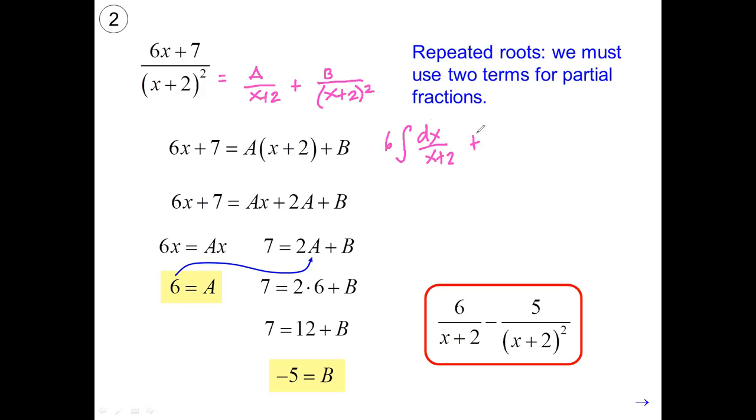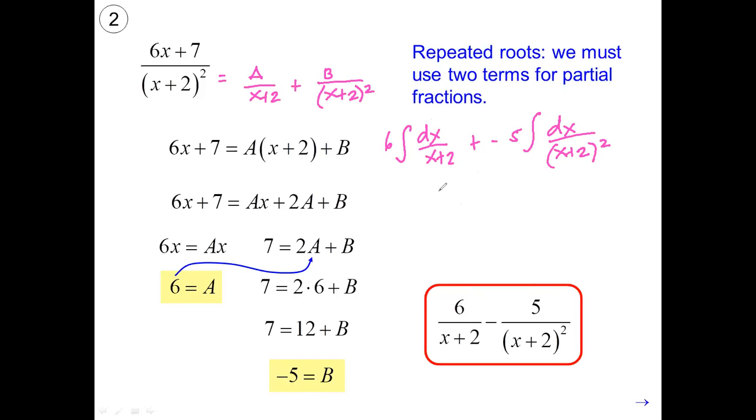And this one, your b is negative 5, integral of dx over x plus 2 squared. Now, these are not your integrals yet, but rather these are just your equivalent partial fractions, not yet the processed integral.